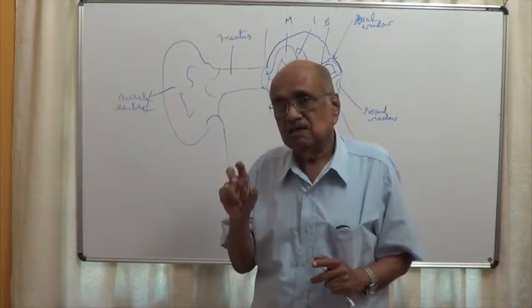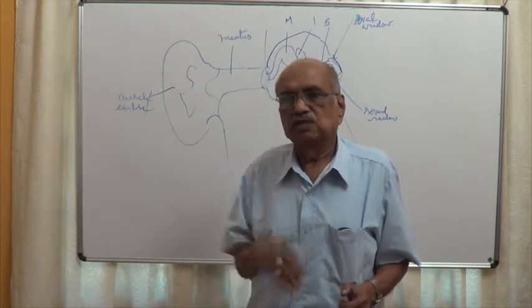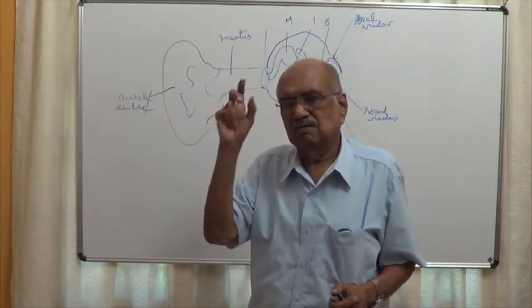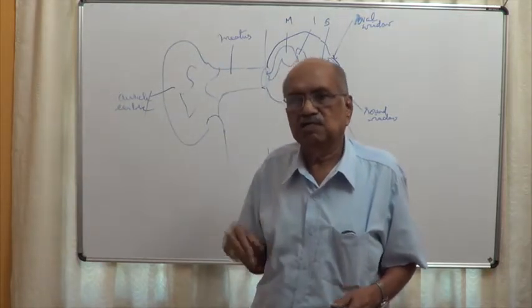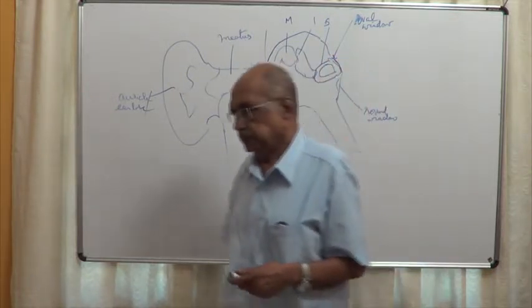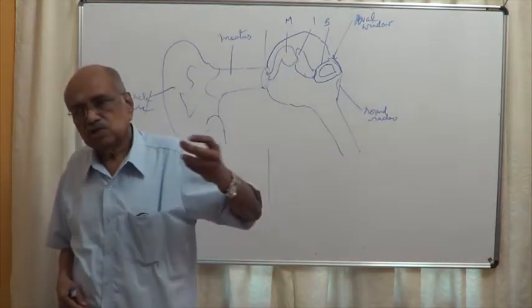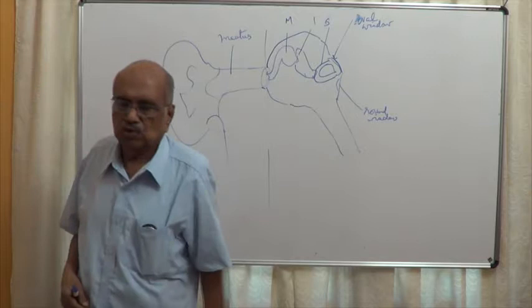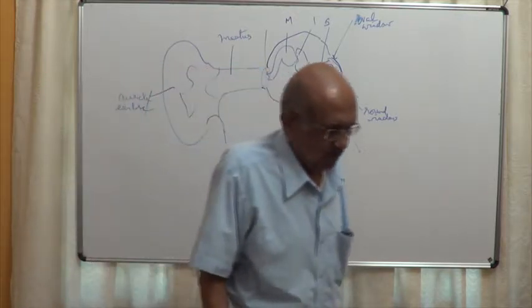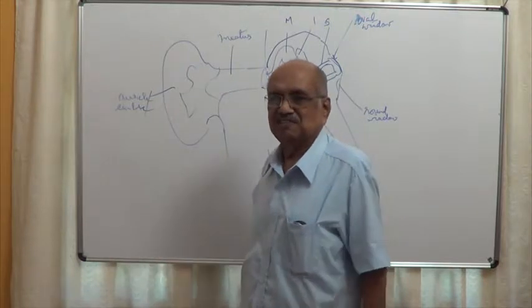The fluids are necessary. Wherever the fluids are there, at joints here and there, everywhere it is protective and lubricatory. Here they have an additional function. Additional function is to convey sound waves. So the sound has to pass through several media here, isn't it?